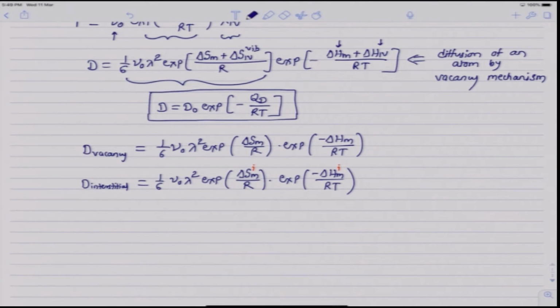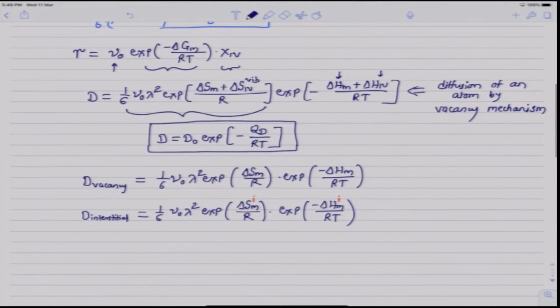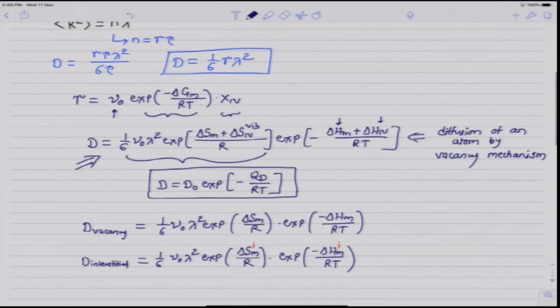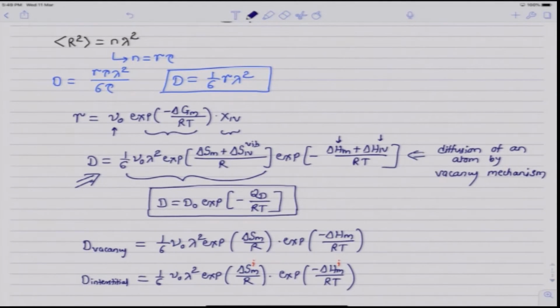Now, coming back to the expression for diffusion of an atom by vacancy mechanism, this expression needs a little bit of correction, because we assumed that the atom is making a random walk while deriving this expression, and it comes from the expression for the average of r square, that is the mean square displacement, which was n lambda square.